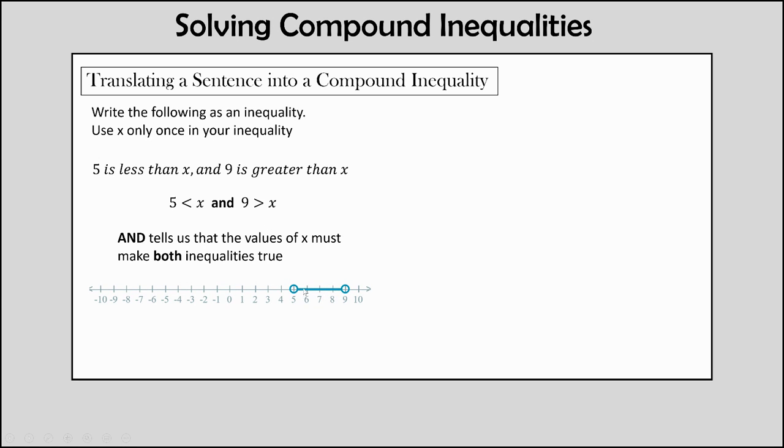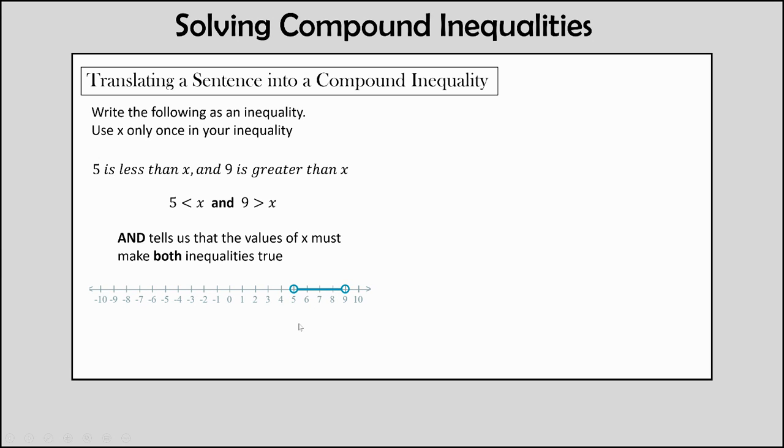The part of the graph I have shaded in here are numbers that are greater than 5 and at the same time less than 9. The open circles here mean 5 is not an answer, because it was just greater than, it wasn't equal to. And 9 is not an answer because it's just less than but not equal to. It's all the numbers in between here. So that's what a graph of an and would look like.